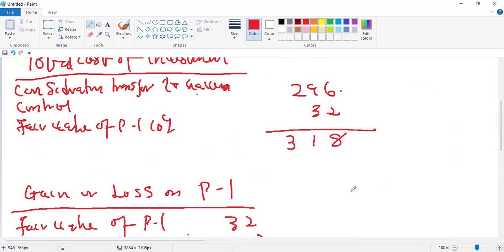Excuse me, sir, 296 plus 32 is what? 328. Okay. Yes, sir. Thank you. We were looking for the figure. 9 plus 3 is 12. 328. The fair value of the previous investment now, I'll go and pick 328 for the goodwill calculation.